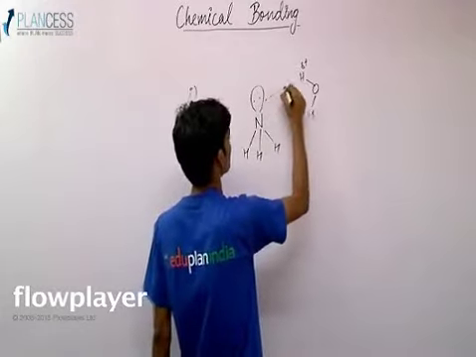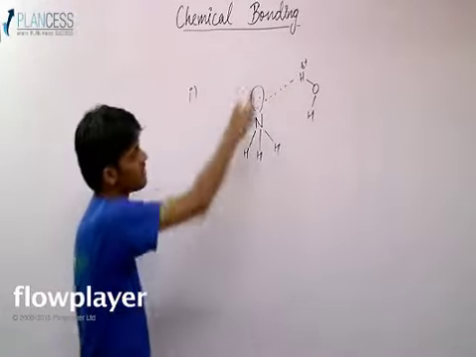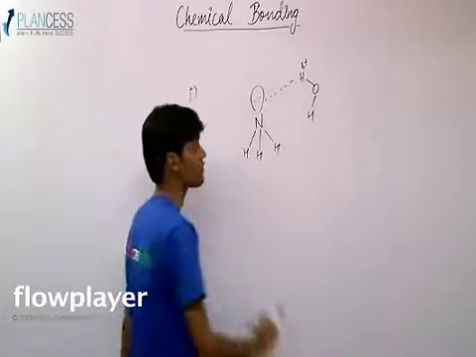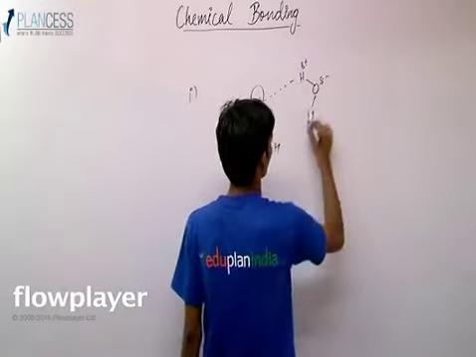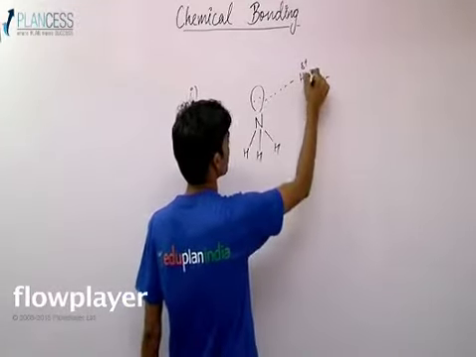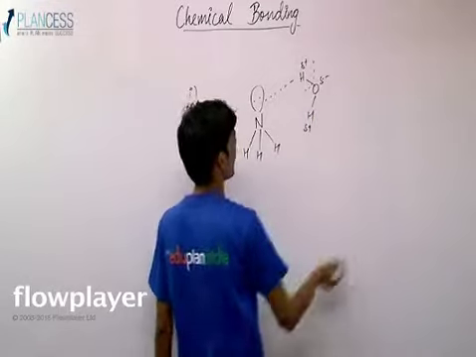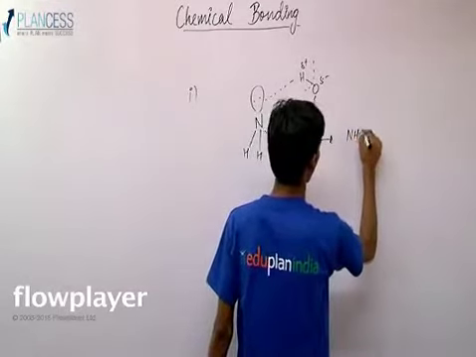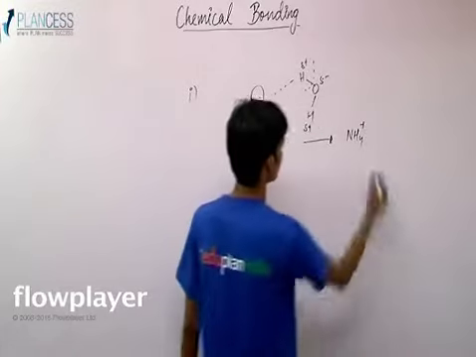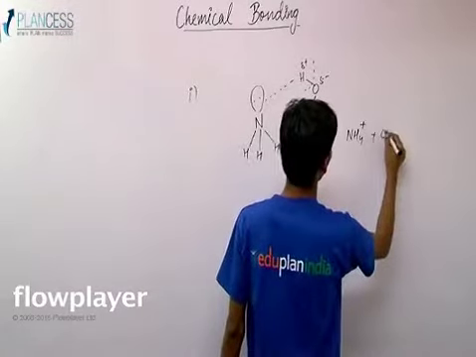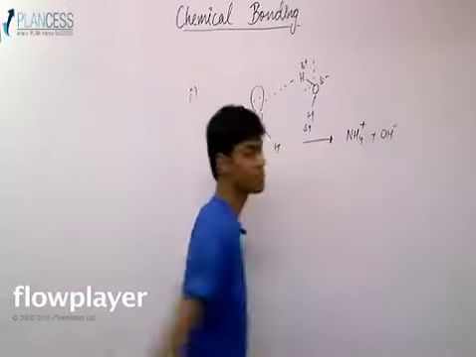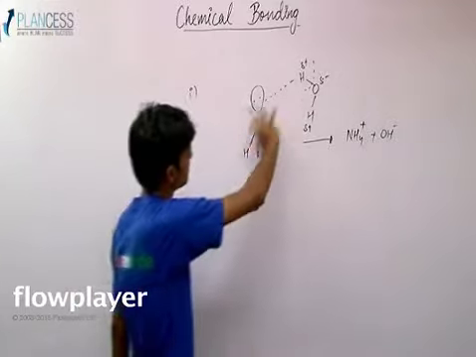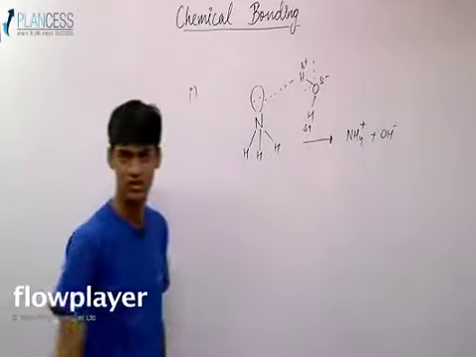So there is an interaction between the lone pair and this hydrogen, which has some delta positive charge, and this leads to the breakage of this bond. The result is the NH4+ ion, the ammonium ion, plus the OH- ion. This also leads to the breakage of H-OH, so this is also hydrolysis.